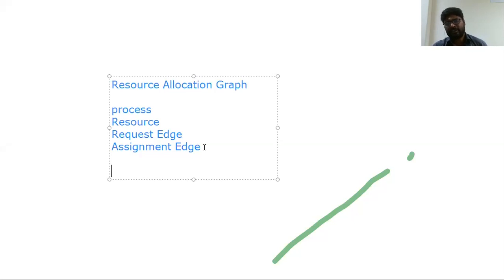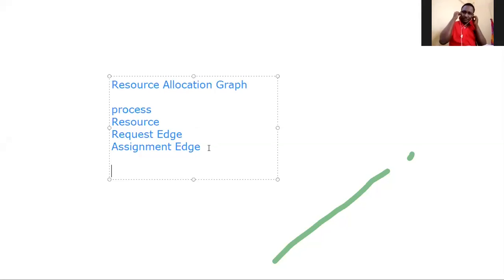Say for example, the Zoom process needs the headphone or the webcam. In the sense, the Zoom process needs to request that particular resource. That is called the request edge. If a process needs a particular resource, it needs to request that resource. That is called the request edge.